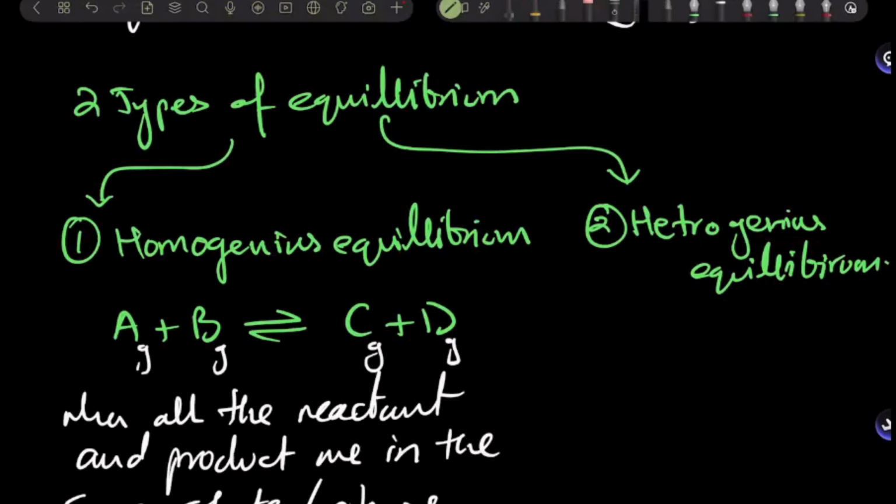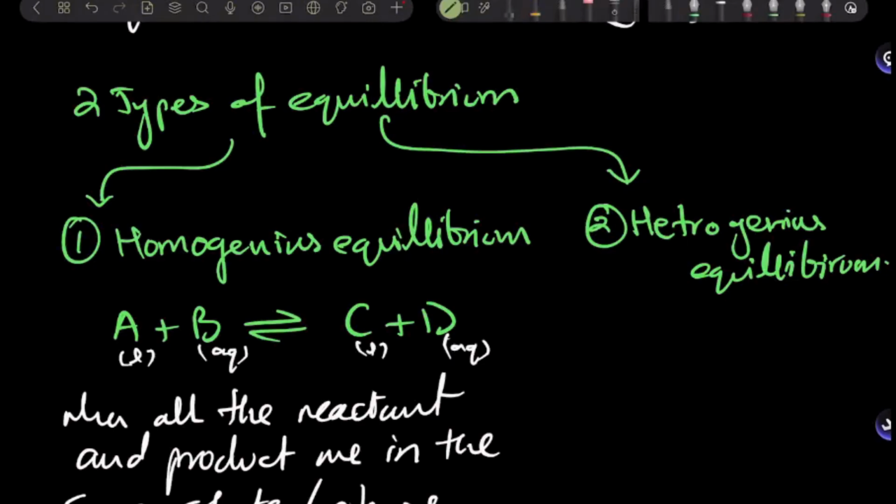If all of them are liquid, then what kind of an equilibrium would this be? This would be a homogeneous equilibrium. If some are liquid and some are aqueous, for example, like this, now the states are not the same, but we can say that it's happening in water.